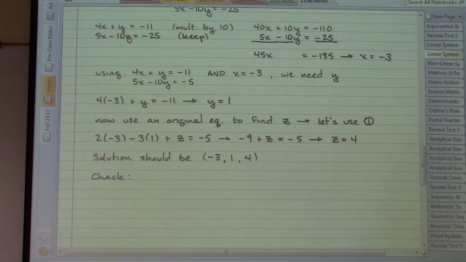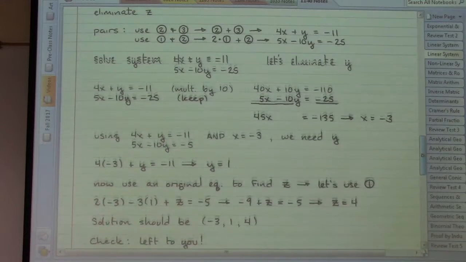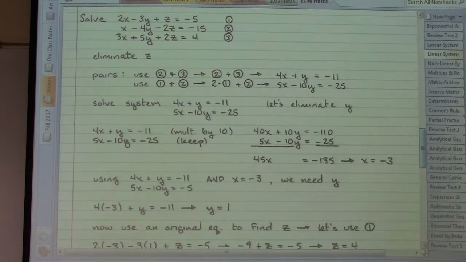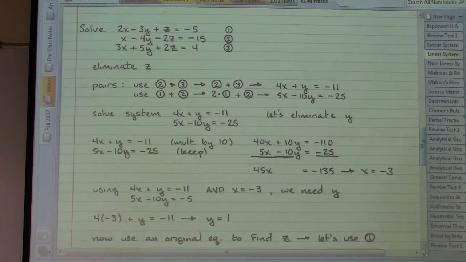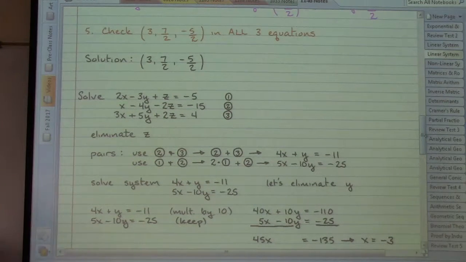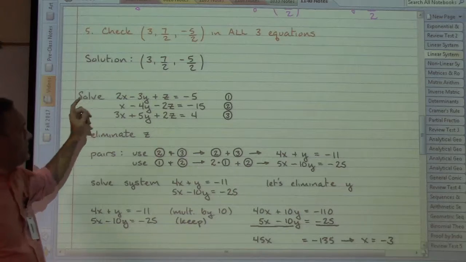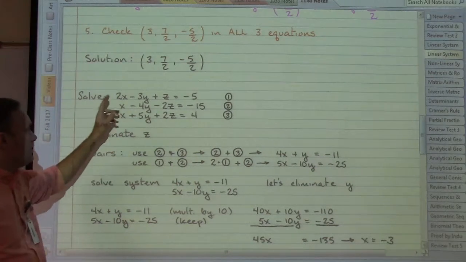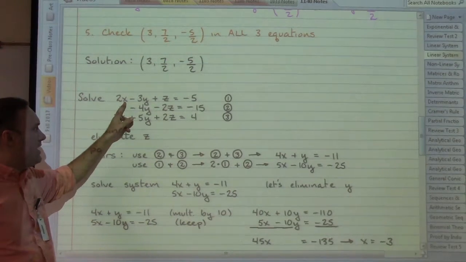I'm going to leave that to you to write down steps if you would like, but we can actually backtrack up to those original equations and see how things work. Try to give that a little bit more room to reach. So, checking that first one. 2 times negative 3 is negative 6.